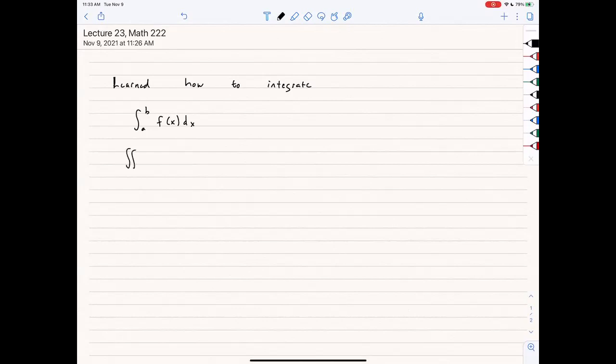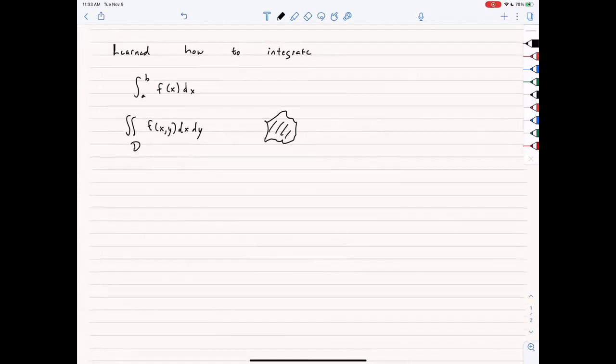We learned how to integrate over a domain D of a two variable function, where D was some kind of general region, not just a rectangle. And we took triple integrals over regions E of functions of three variables. Let me call this dA here for area and V for volume.